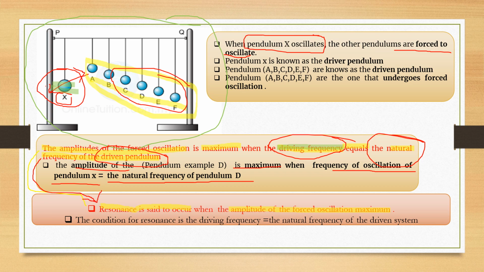Another concept here. So in other words, I can say the condition for resonance is that the driving frequency is equal to the natural frequency of the driven system. Now let's move on to the next slide.